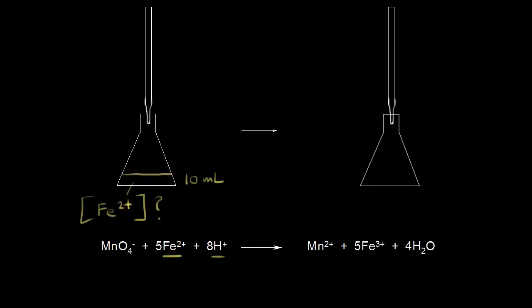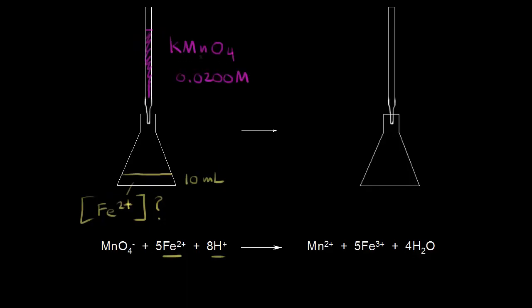To our iron 2+ solution, we're going to add some potassium permanganate. So in here, we're going to have some potassium permanganate, KMnO₄. And let's say the concentration of our potassium permanganate is 0.02 molar. So that's the concentration that we're starting with.